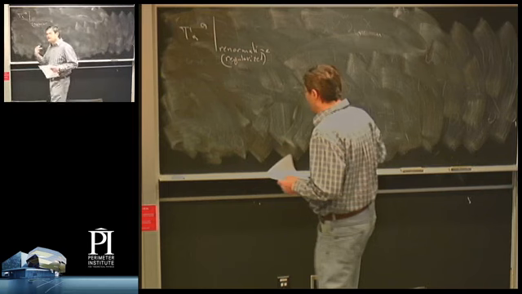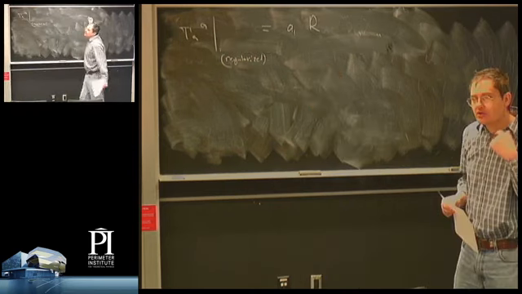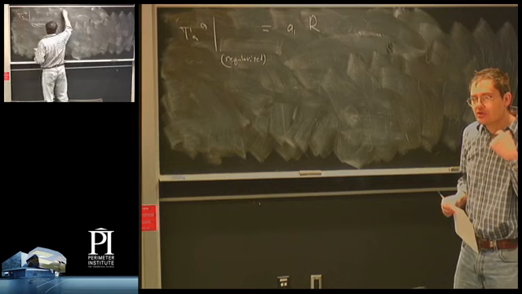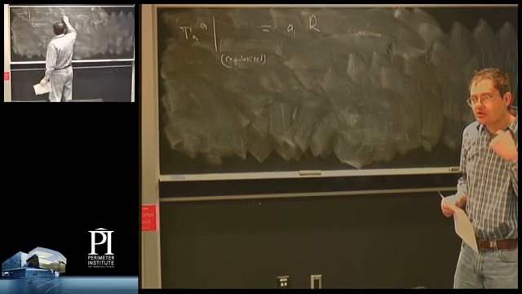The cutoff is an explicit scale that will break scale invariance. Whatever I write down here must be a dimension 2 operator. So one thing I can write is a_1 times the curvature on the worldsheet, right? The curvature on the worldsheet has two derivatives of the metric, two worldsheet derivatives.